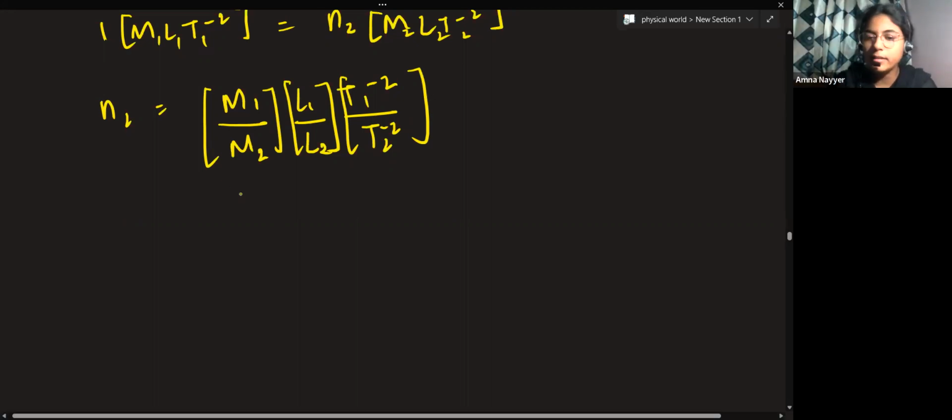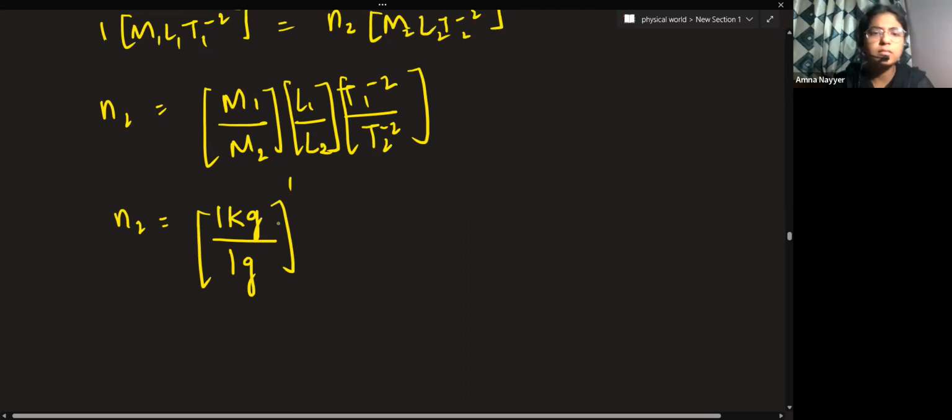Now, how to write this? M1 is what? Mass 1, Newton. It is in kg, so it will be 1 kg. M2 is what? For dyne, it means it is in CGS unit, so it will be 1 gram. To the power 1, since the whole unit's power is 1.